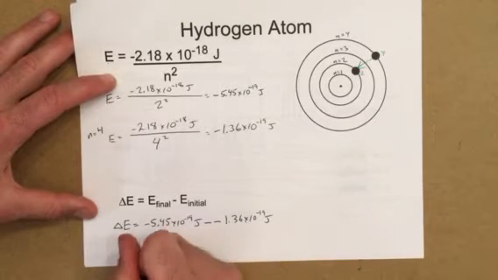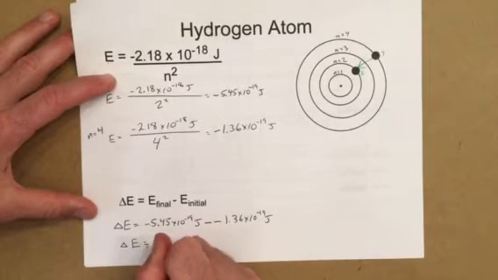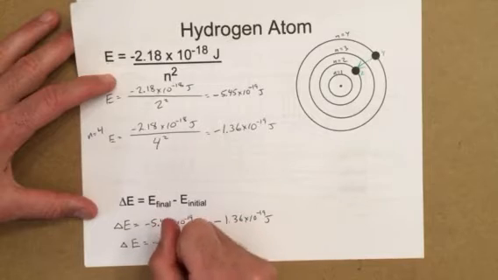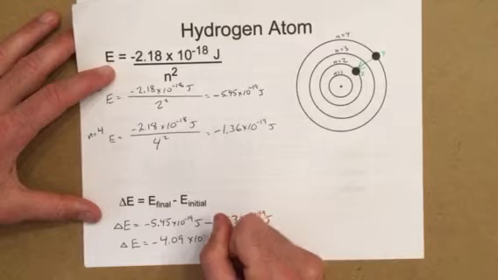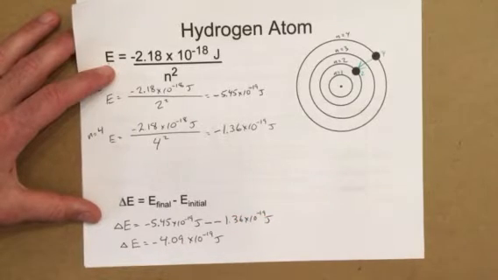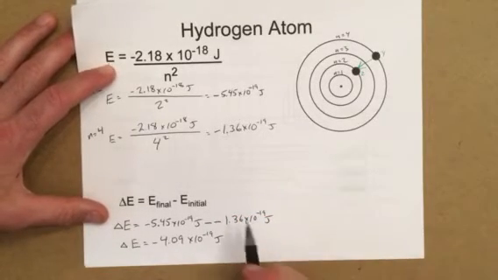And so we take that difference and the change in energy is equal to negative 4.09 times 10 to the negative 19 joules.